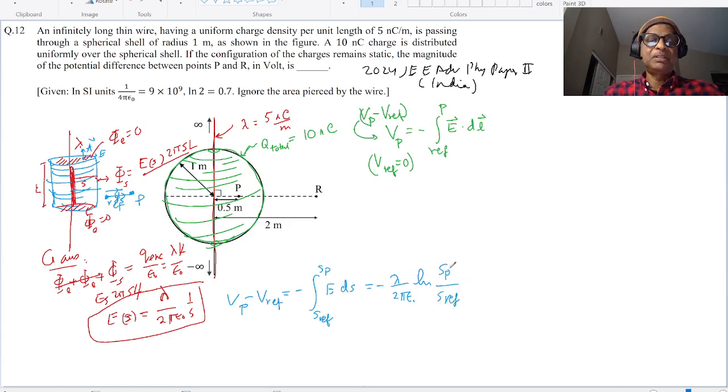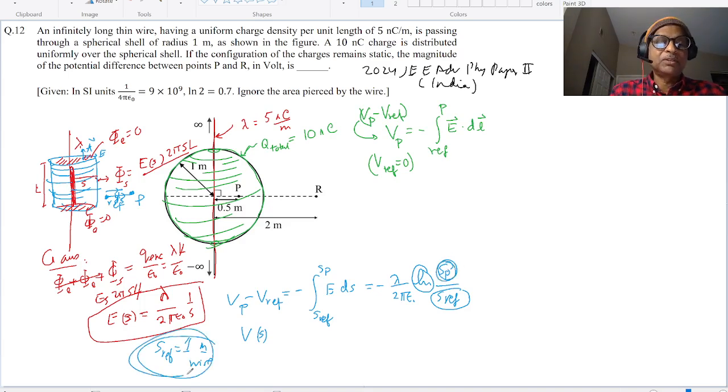Now P is arbitrary, so we're just going to write V at any distance s. And because of this log, let's pick s reference equal to 1 meter from the wire, and express s in meters also. So let's call that the reference point and pick V equal to 0.